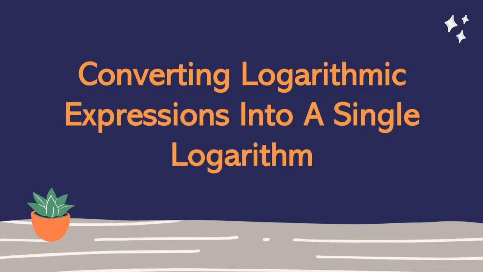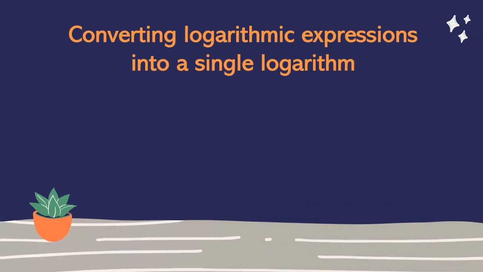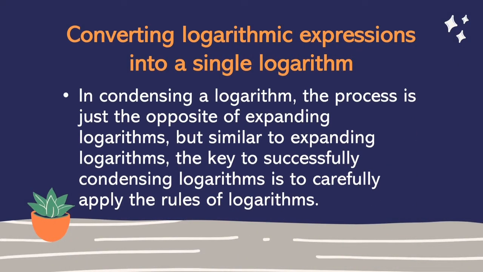Now let us proceed to the next part, which is converting a logarithmic expression into a single logarithm. In condensing a logarithm, the process is just the opposite of expanding logarithms.